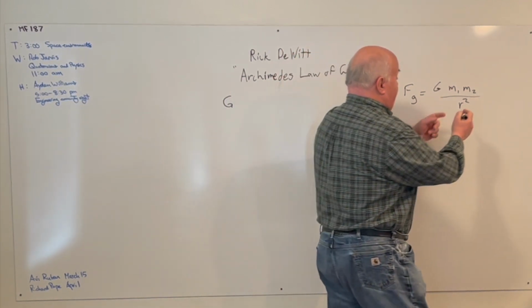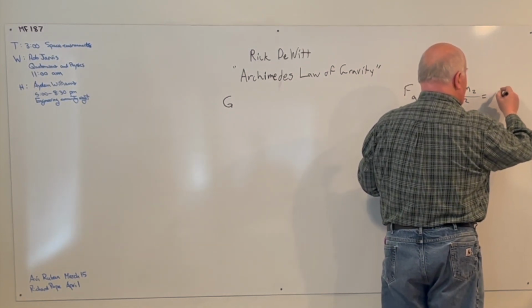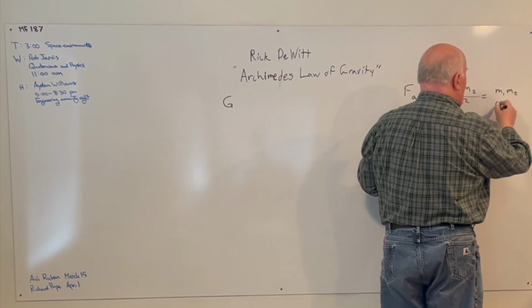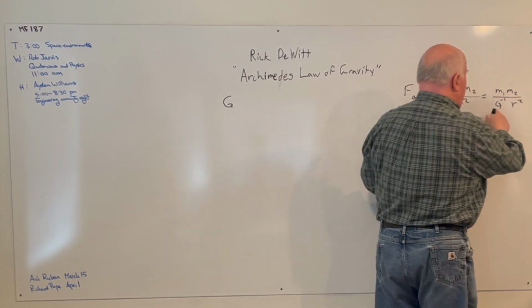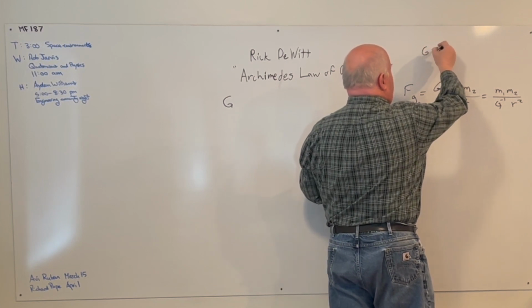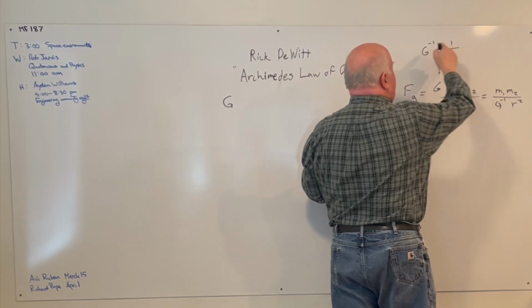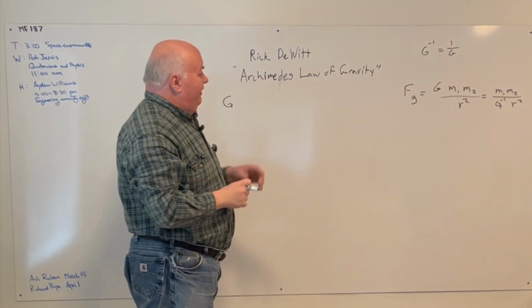So this could also be written as M1 M2 over G to the negative 1 power times R squared, because G to the negative 1 power is the same as saying 1 over G. That's what negative 1 power means, for all those who need a little review.